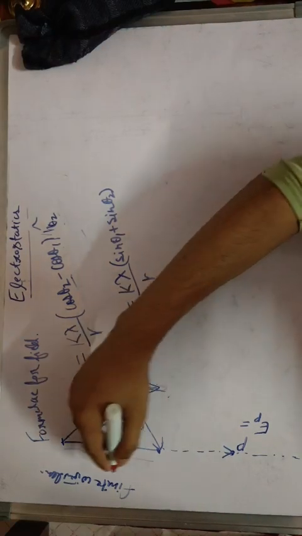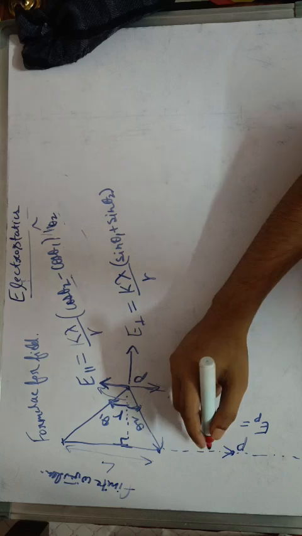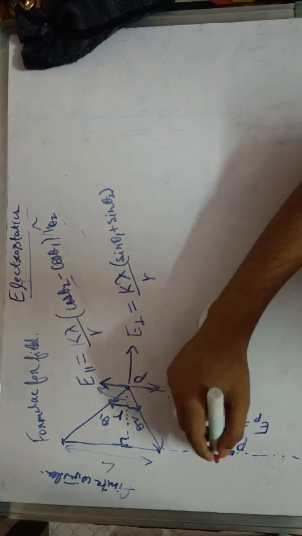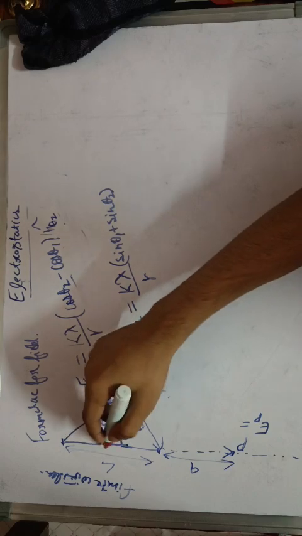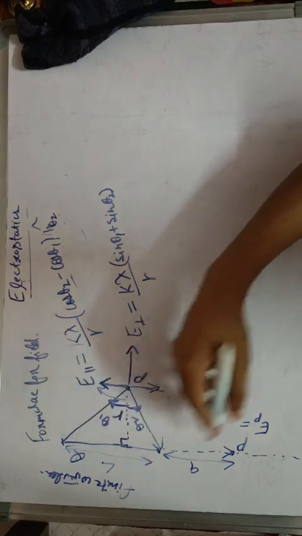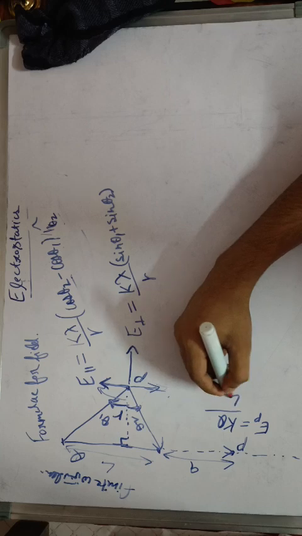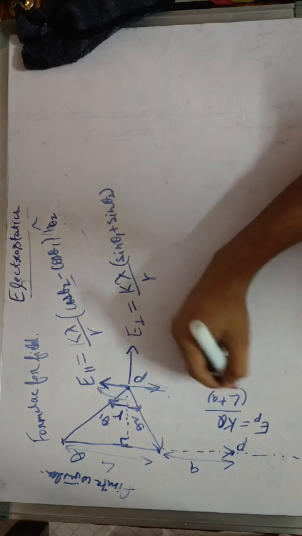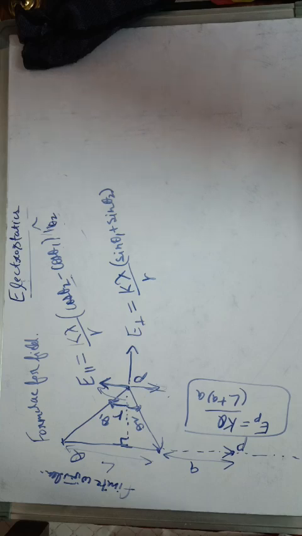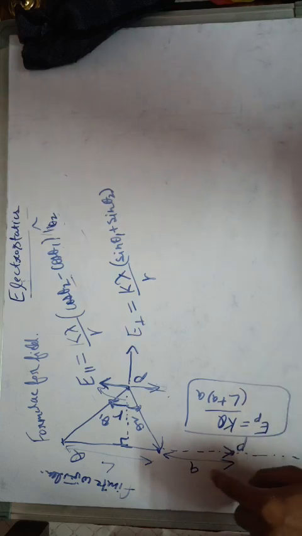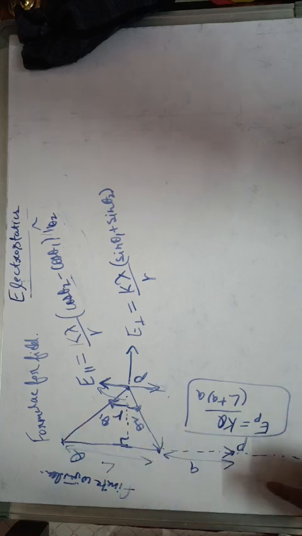Let's say this length is L, and let's say this length is A. Then if the total charge on this line is Q, the field would be KQ upon L plus A times A. This will become the formula for the field at the point P, which is along the line.